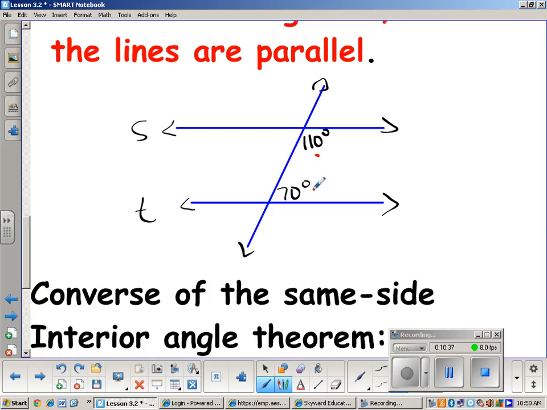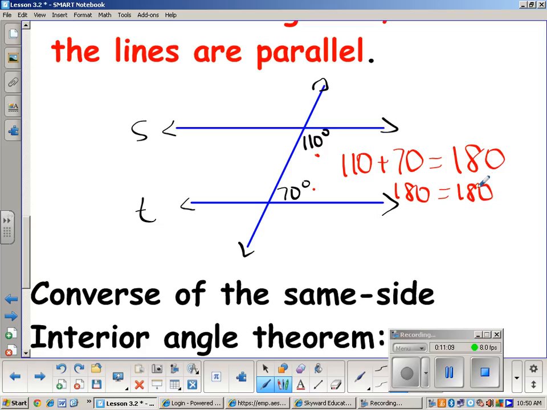Notice they're not congruent, but if these two add up to be supplementary angles, 180 degrees, then we can say that line S and line T are parallel. 110 plus 70 is 180, so these both total to be supplementary.